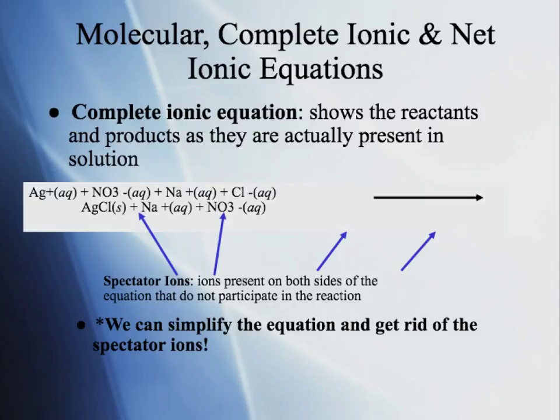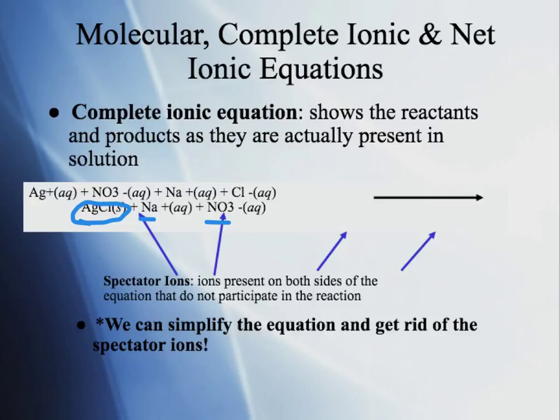Since both of the reactants were aqueous, we have Ag+ (aq) plus NO3- (aq), and Na+ (aq) and Cl- (aq), reacting to form, here's our solid. We cannot write that as ions because it's a solid. They're not free floating anymore. They've found each other, and they're holding tight. But the sodium and the nitrate are still aqueous.